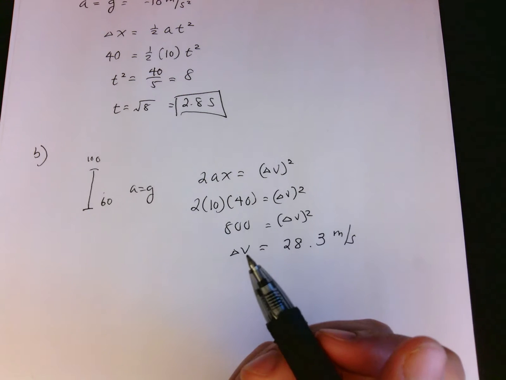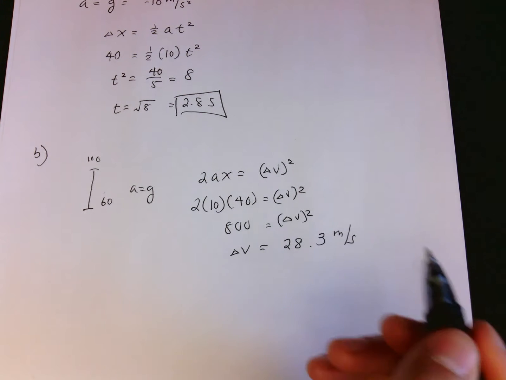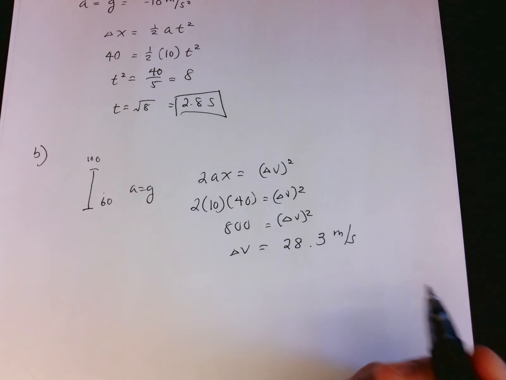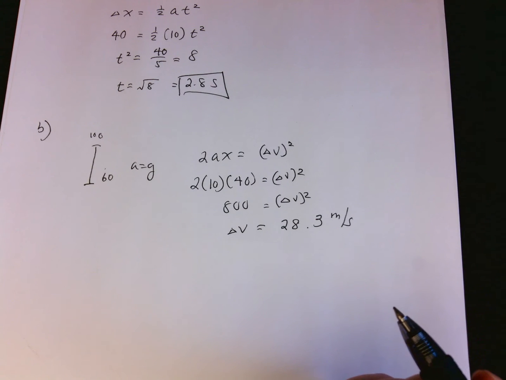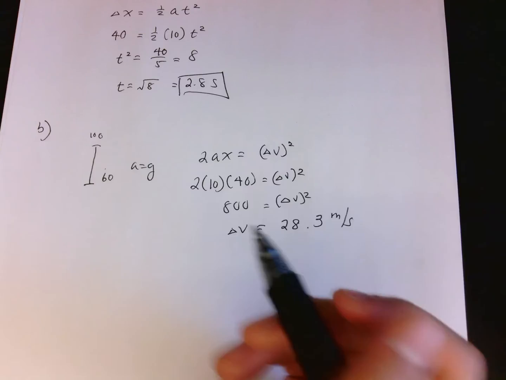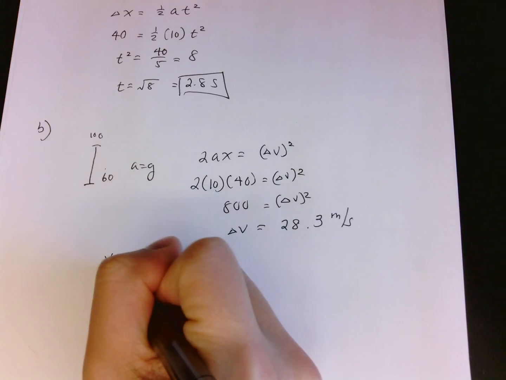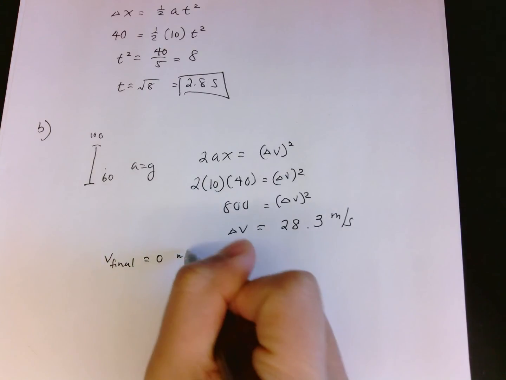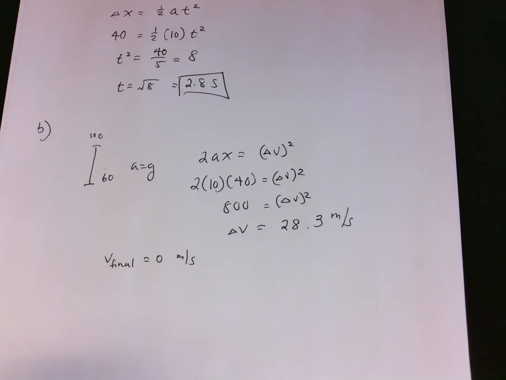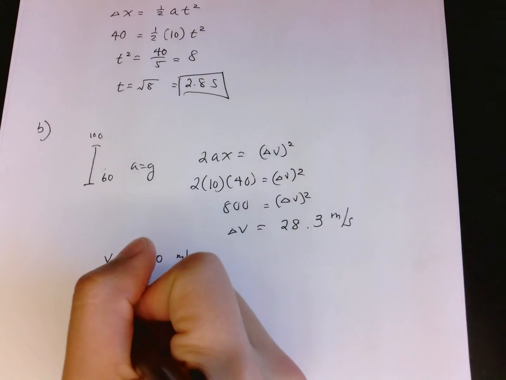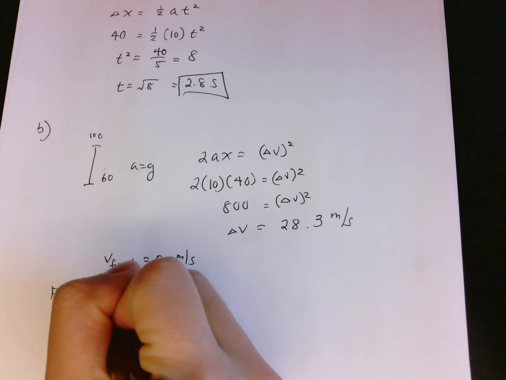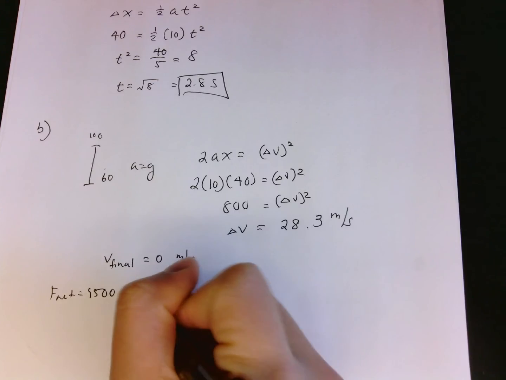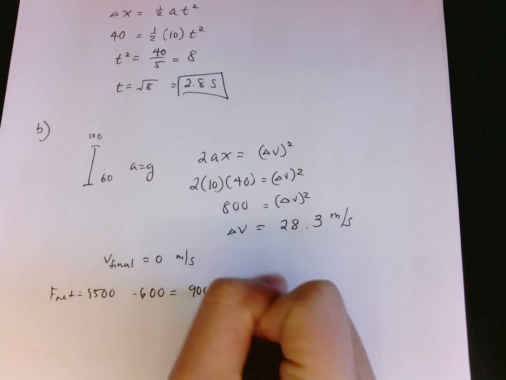We want to figure out how long it'll take him to reach the bottom of his drop, and we know that at the bottom of his drop, his velocity will be 0. So v final is equal to 0 meters per second. We also know his net force after the cord starts stretching is F net equals 1,500 minus 600, which is equal to 900 newtons.